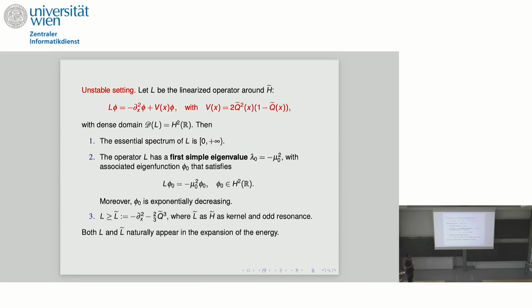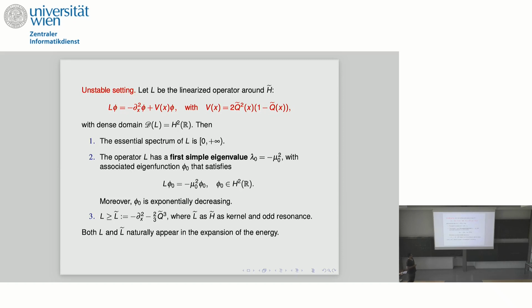Okay, so just some remarks on the proof. First of all, the linearized operator around the kink H tilde follows an unstable setting. What do I mean by unstable setting? The linearized operator is just this with a potential B, and for X very large, the potential is small, so you get something essentially positive, decaying like 1 over X squared. But around 0, it is large, bigger than 1, so it is negative.